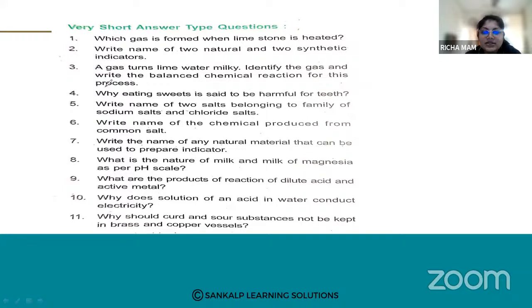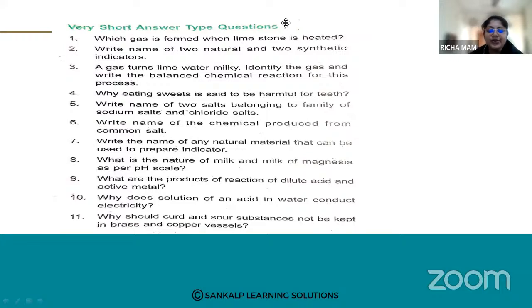A gas turns lime water milky. Identify the gas and write the balanced chemical equation for this process. So you have to write the equation for this.